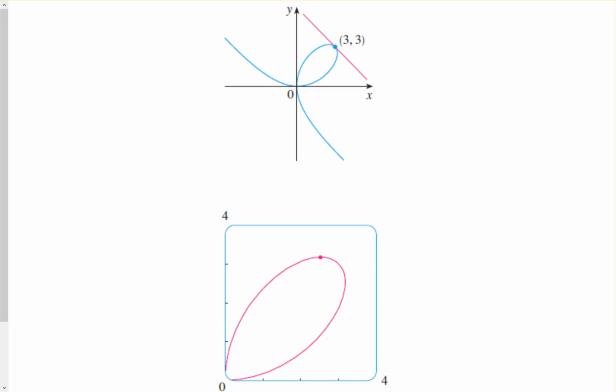And then the point we're talking about where the tangent line is horizontal, that would be approximately right there, right at the tip of the loop. And that's about right. 2.5, so about halfway between 2 and 3, and then a little bit above the 3, 3.17. So that's what it would look like.